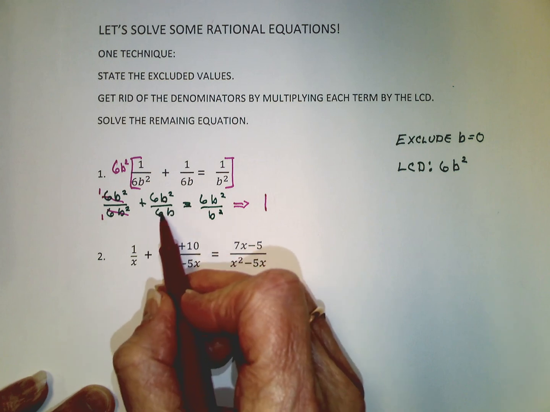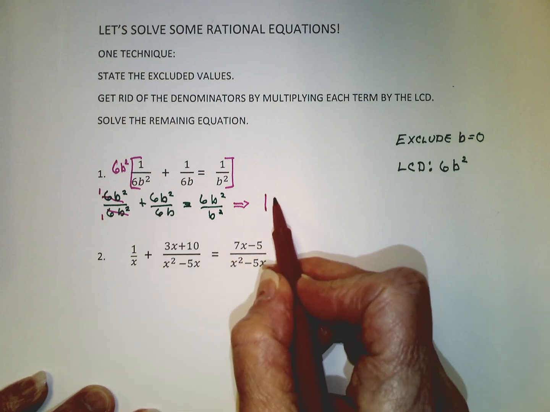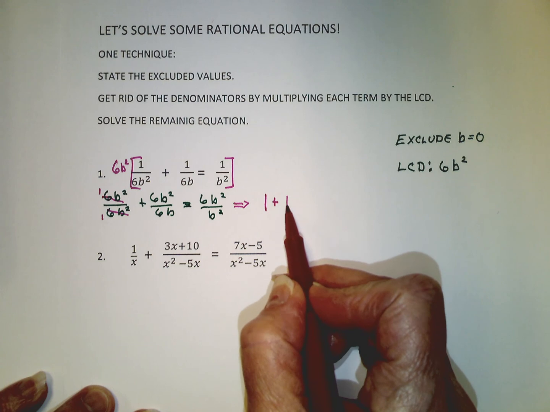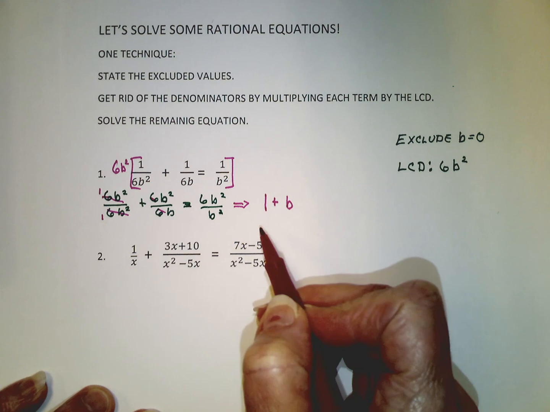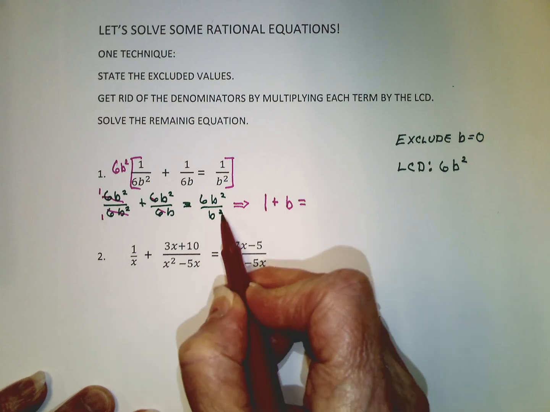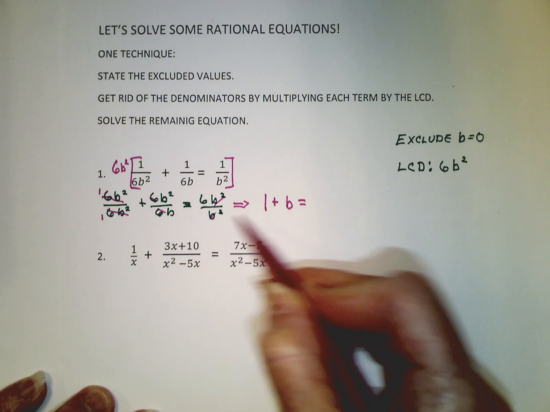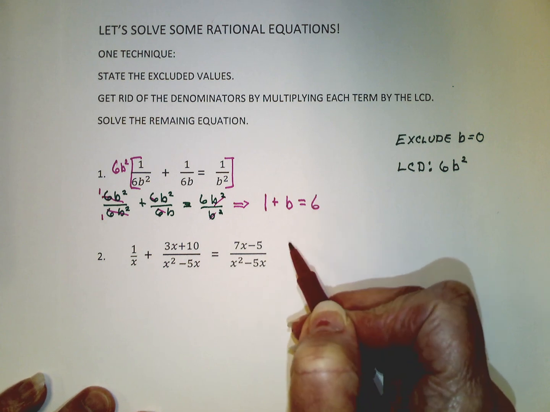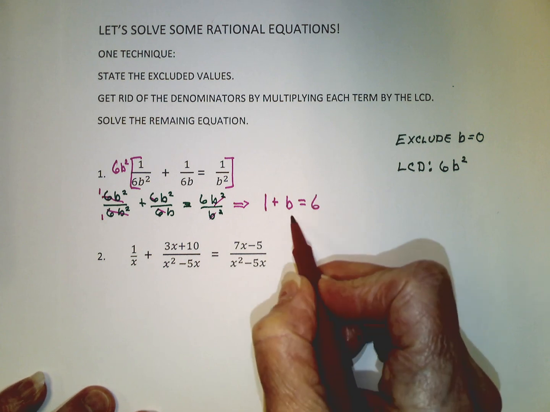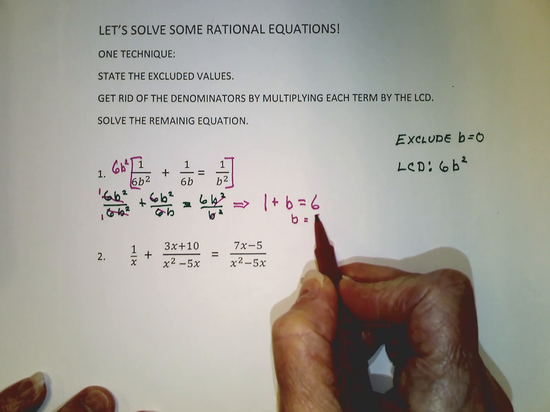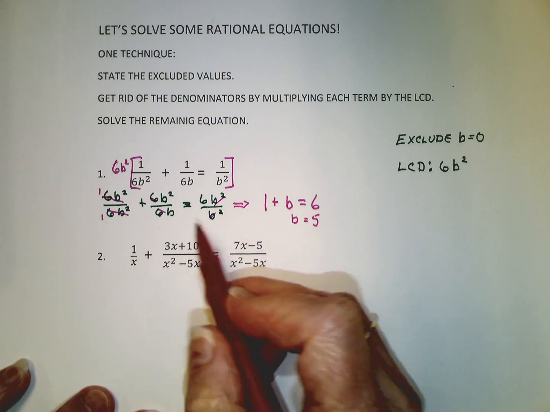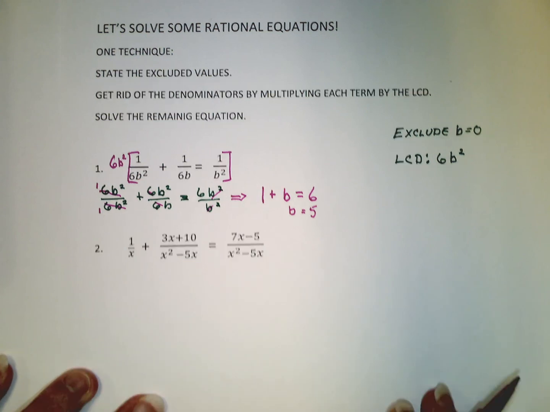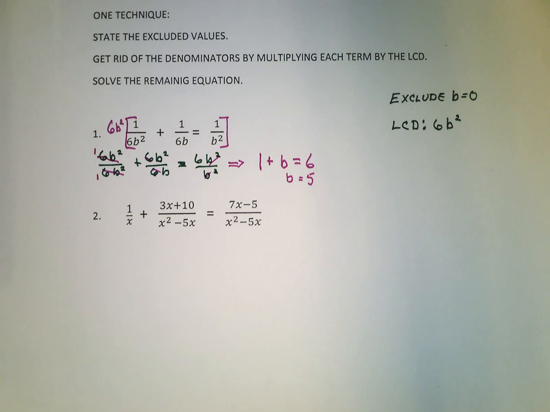If we have 6b squared over 6b, that's going to reduce to just b, because the 6's will cancel out, equals, and then here the b squareds will cancel out, and we have 6. So b is going to have to equal 5. And we could check it, we could plug it in. The same thing, hopefully, will work on the next problem.